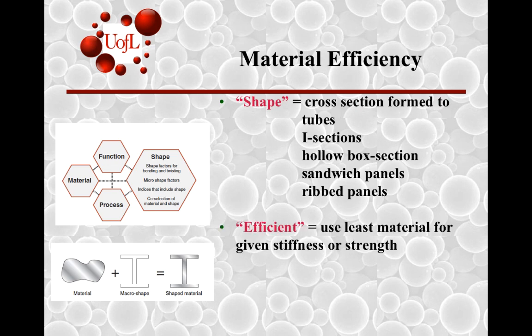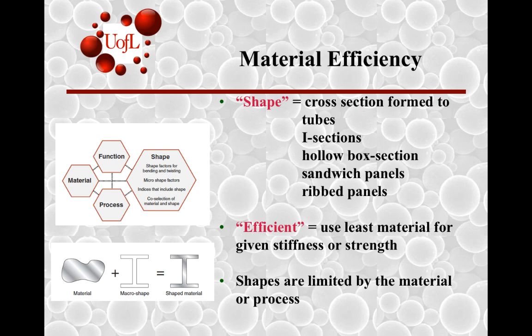When we are talking about the term efficient, we want to use the least material to achieve a given stiffness or be able to support a certain strength in a design. The shapes that can be generated from a material or a process have certain inherent limitations, and so that can limit, as you might imagine, the extent to which the combination of a material or a shape or a process can deliver on a function.